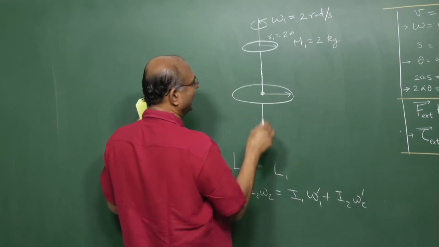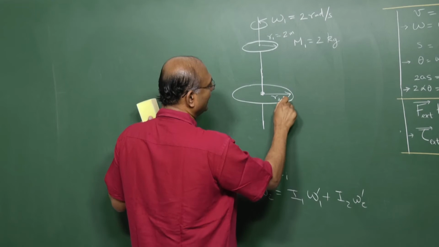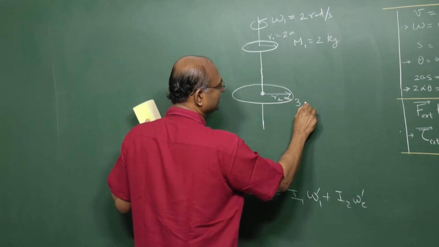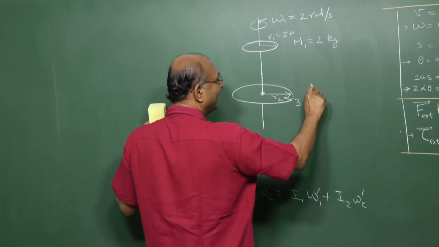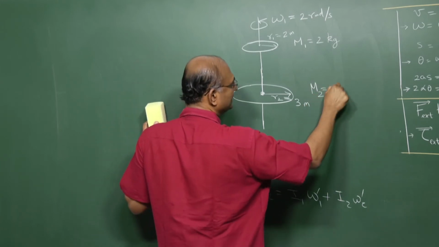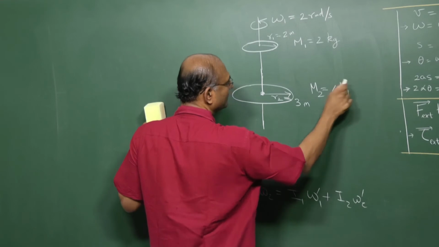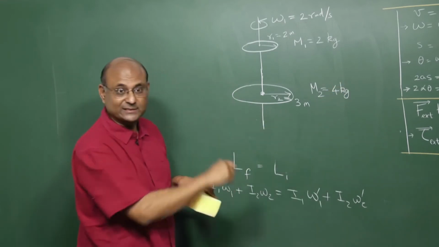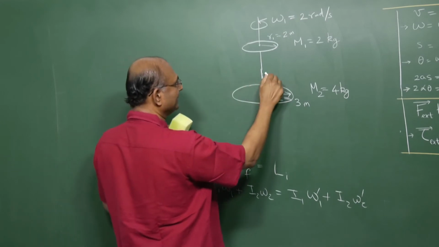But if you take this radius R2, let us say it is 3 meters. Mass M2 is 4 kg. And this disk is rotating in this direction.